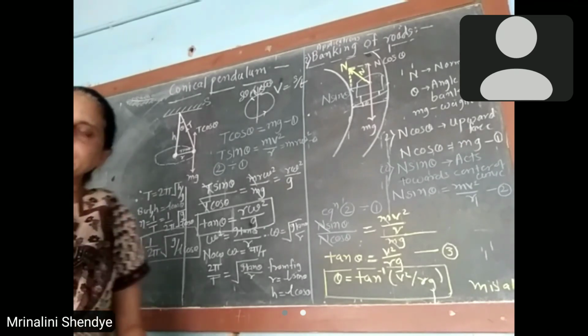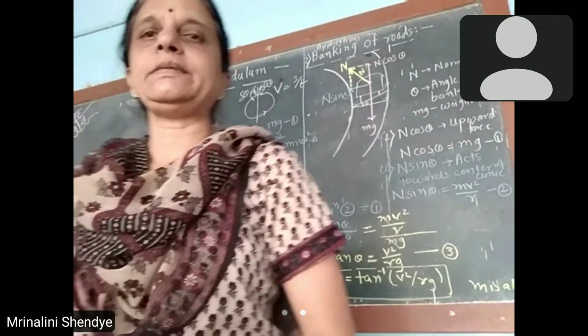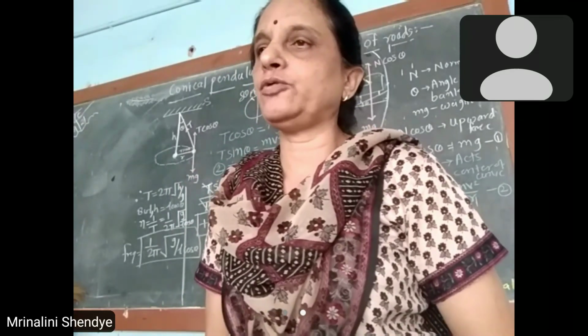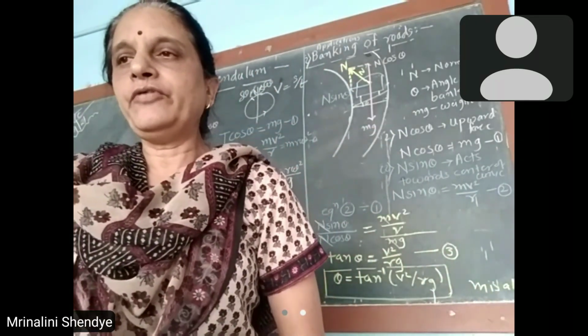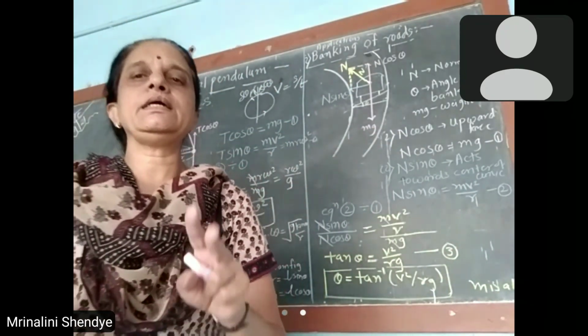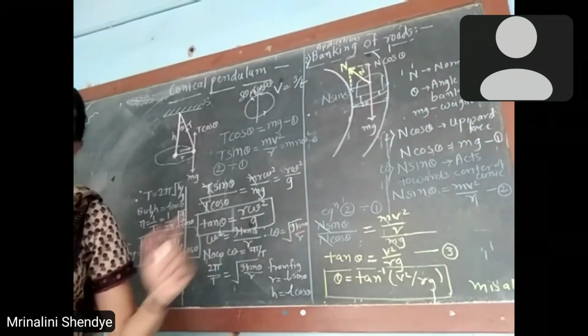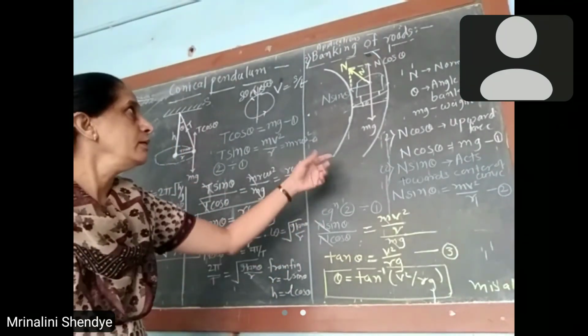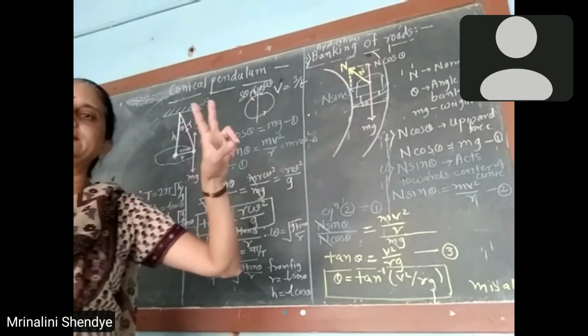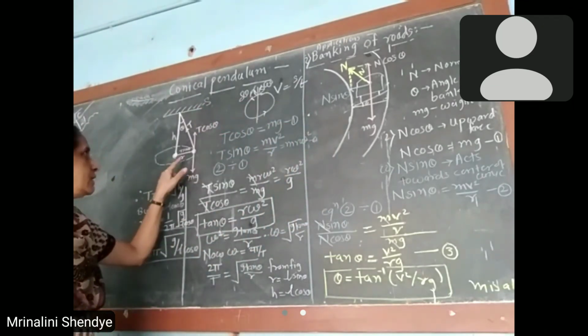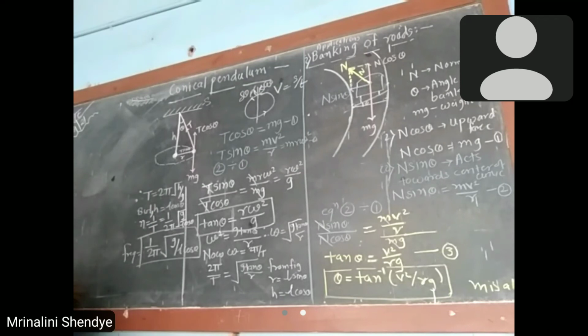So these are the uses of centripetal force and centrifugal force, which we are considering in both ways. These are the derivations for the banking of roads, and the second derivation is for the conical pendulum.